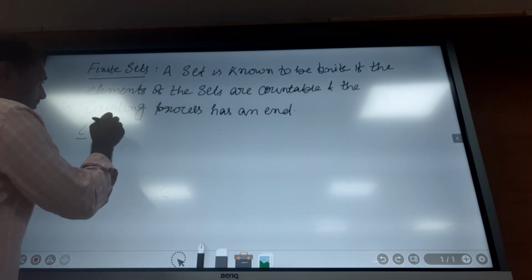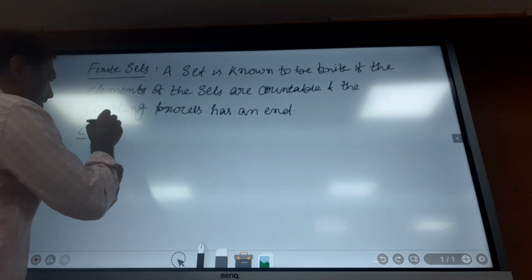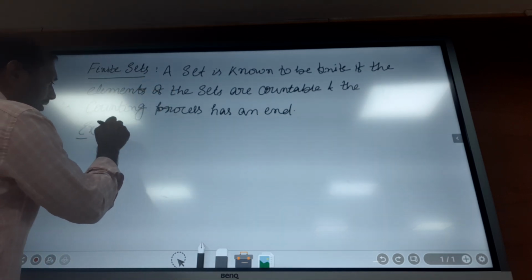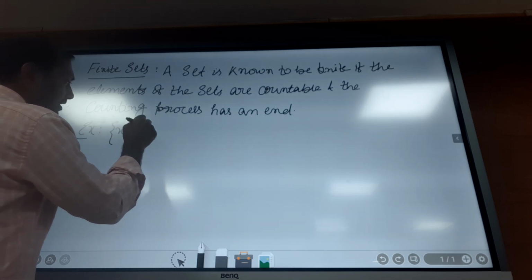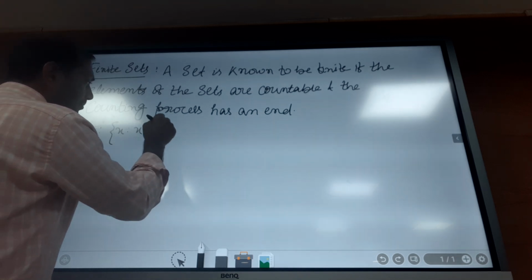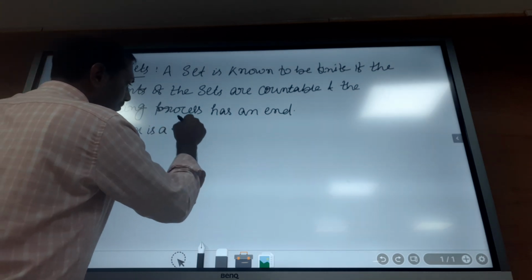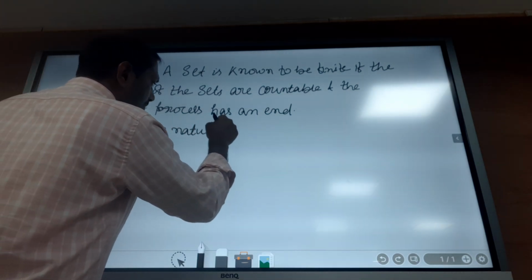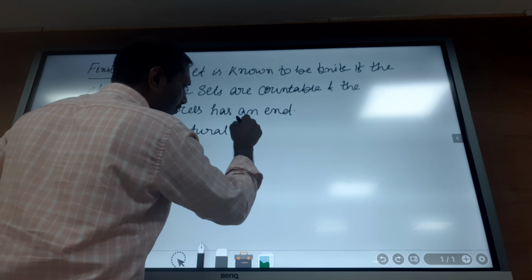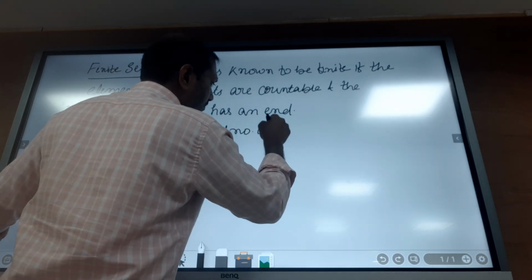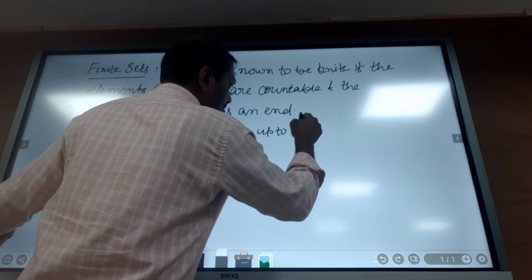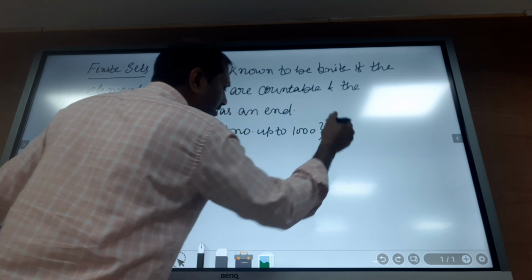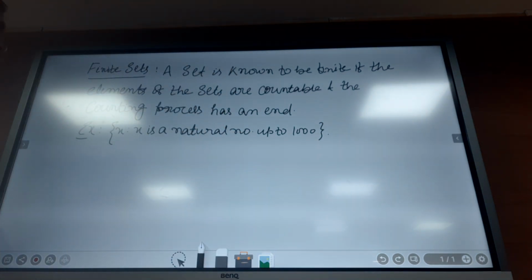Now, for an example, a set of natural numbers from 1 to 1000. A set of natural numbers x such that x is a natural number up to 1000. So these types of sets are known as countable set, or we can say finite set.